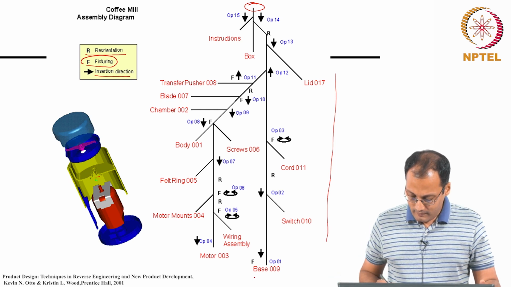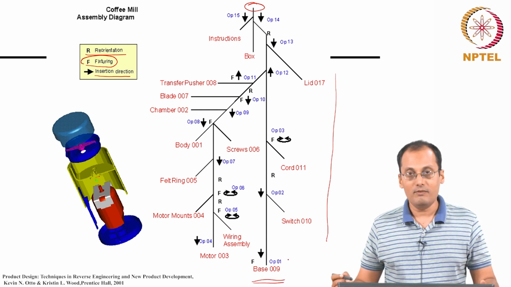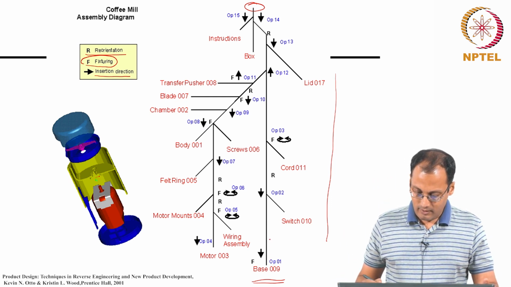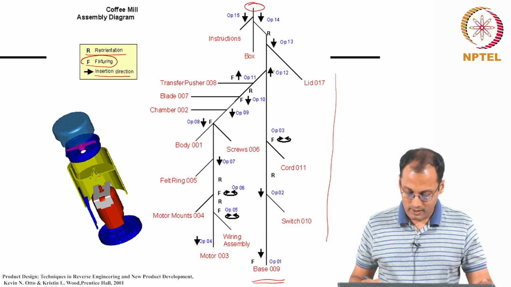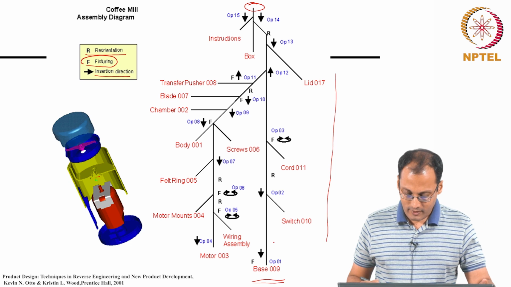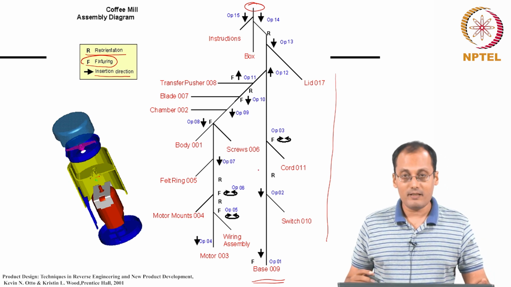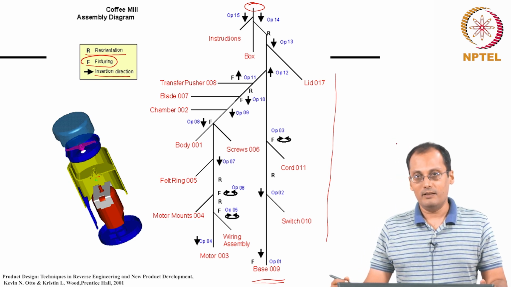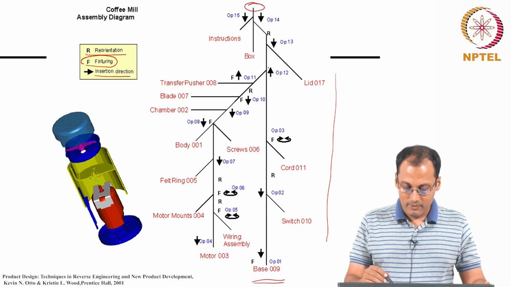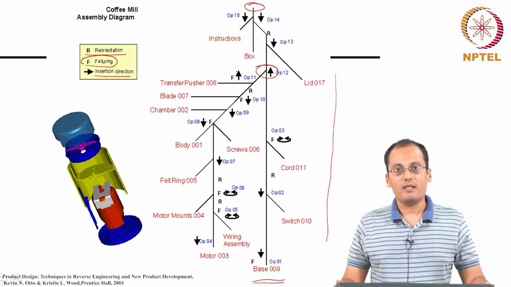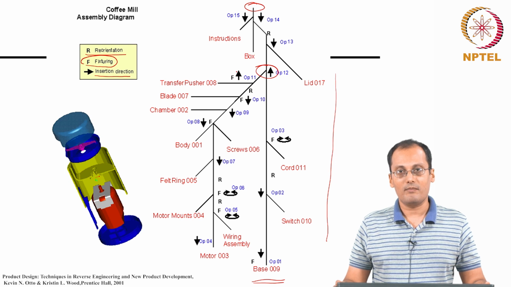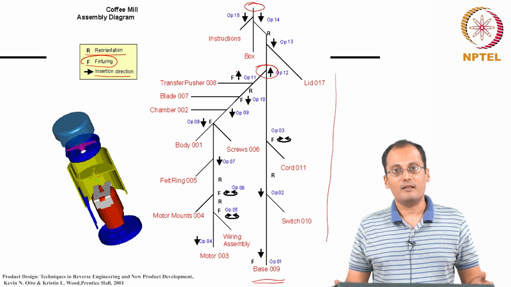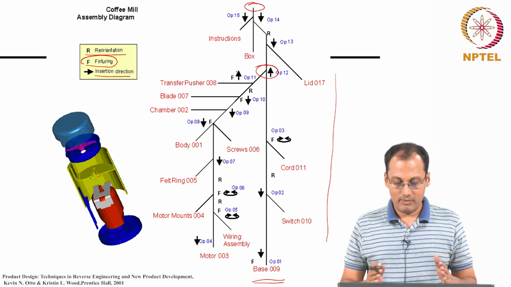So, we can start from the bottom, that means in this inverted tree we can start from the branches and walk towards the trunk to understand the assembly sequence. So, if I see two branches, that means these two sub assemblies can be made parallel in two different stations, and then maybe it can be brought in to one station to do the final assembly, or if the entire operation is being done in a single station, then it can be done in sequence.